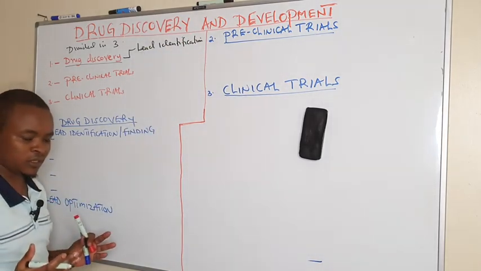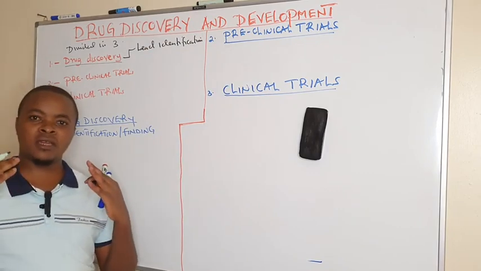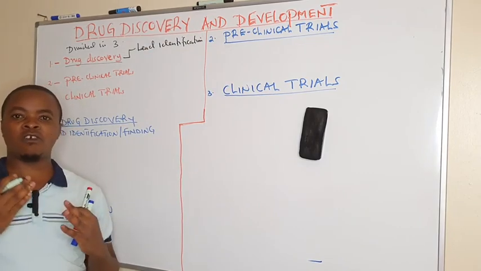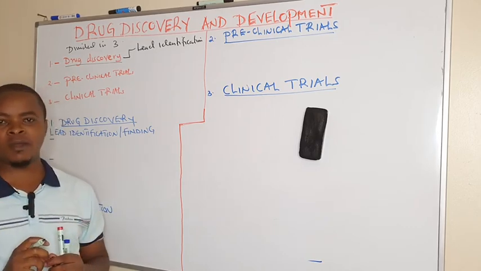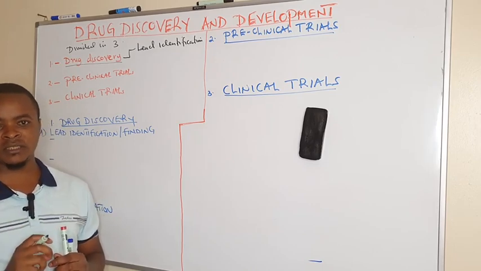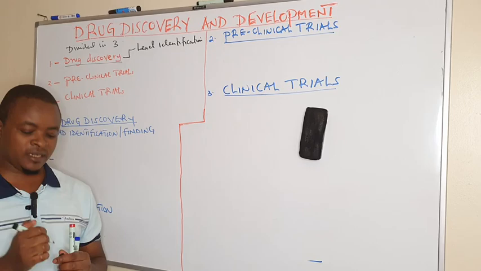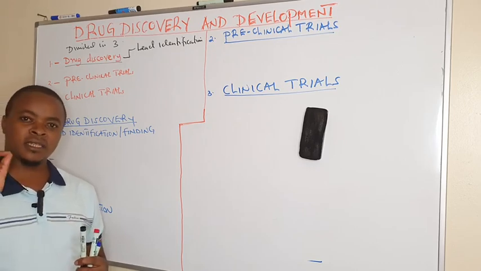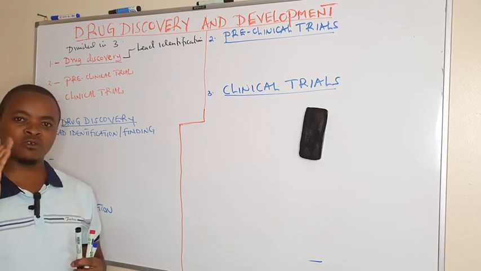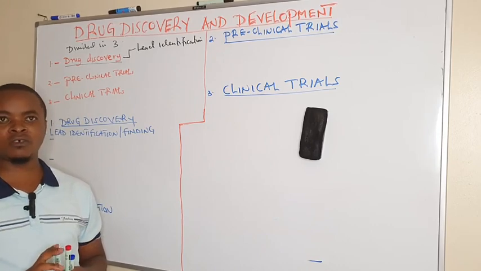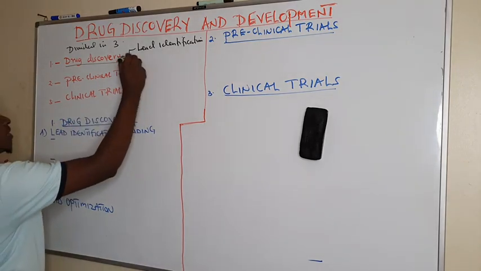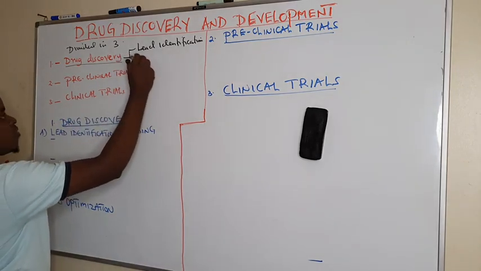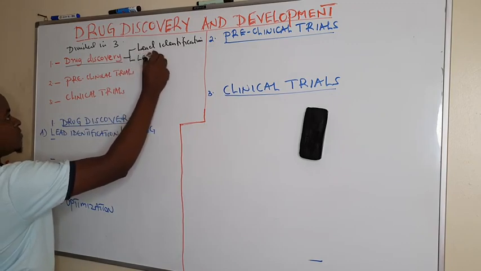What does it mean? Here is where we determine which chemical compound we are going to develop to be suitable to solve the problem or the disease in the society. So we first identify the disease or the target site we want to develop a drug for. That is what we call lead identification. Then after identifying the candidate drug, we do what we call lead optimization.